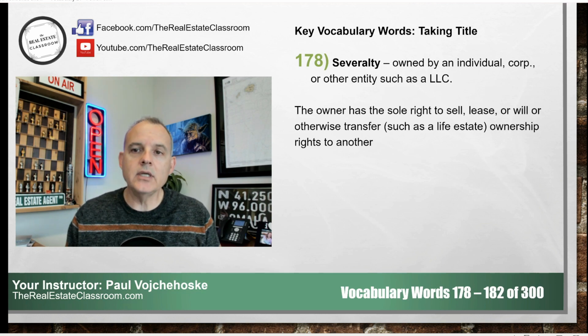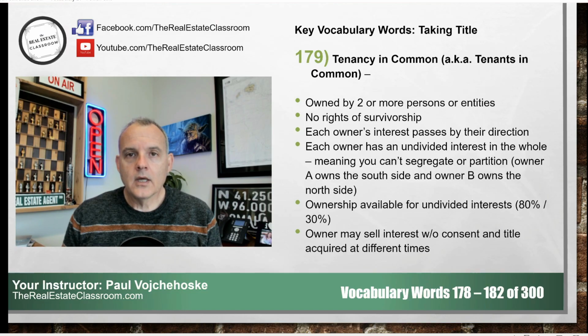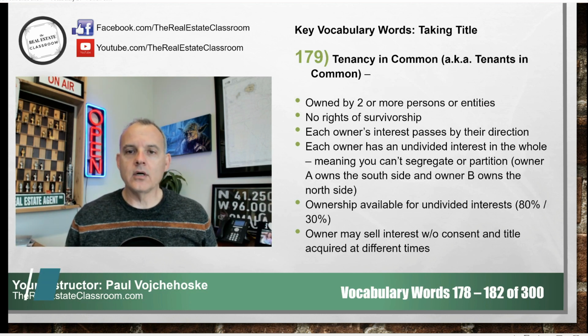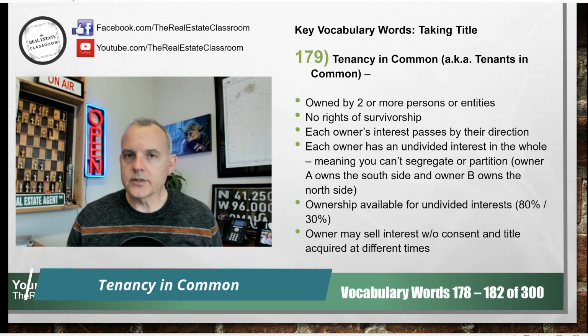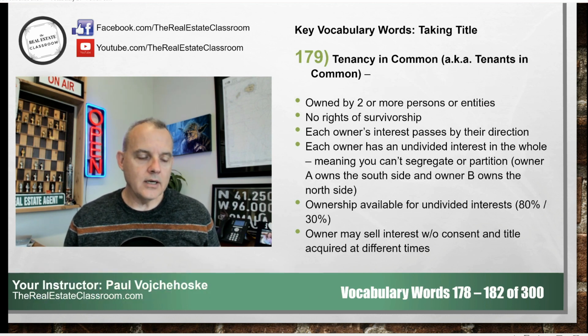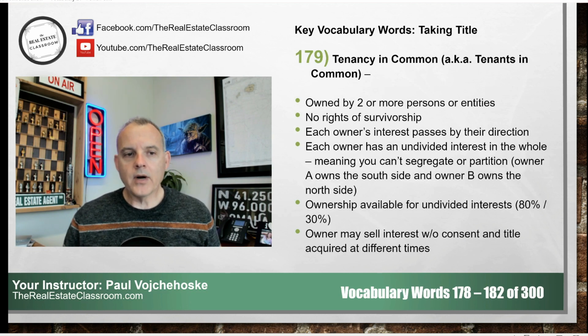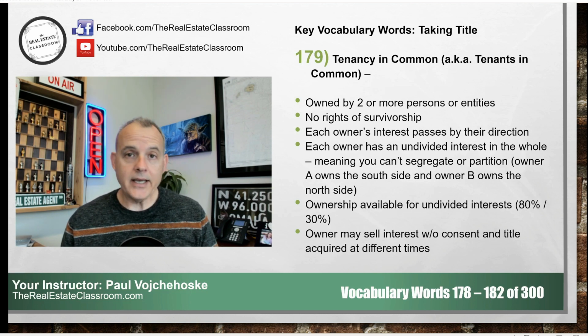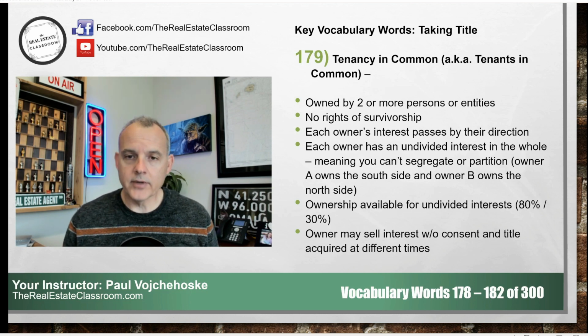That is severalty ownership. The next way to take title and hold it is called tenancy in common, or sometimes referred to as tenants in common. Now, there are a couple of things you have to know here. Number one is the property has to be owned by two or more persons or entities, meaning a limited liability company or corporation.